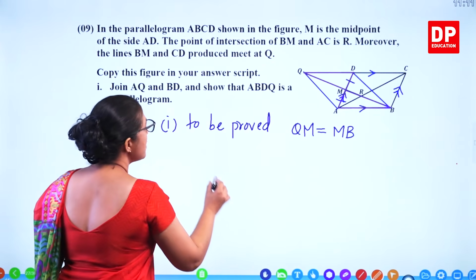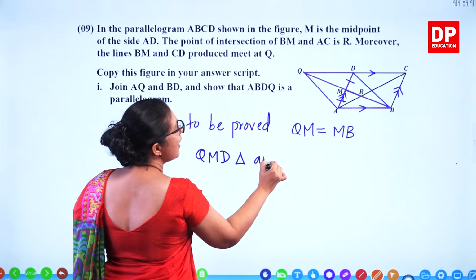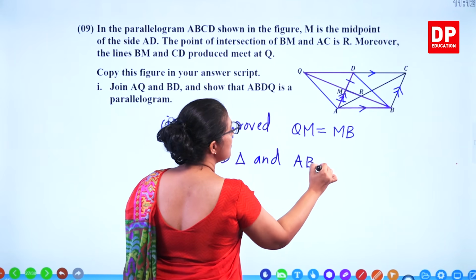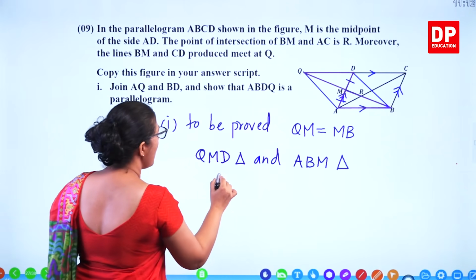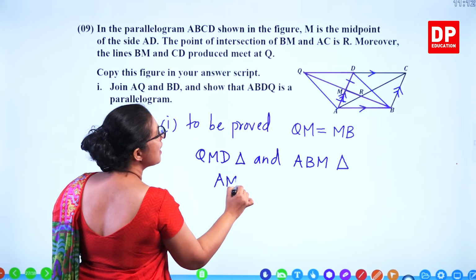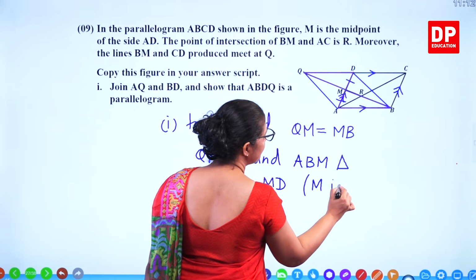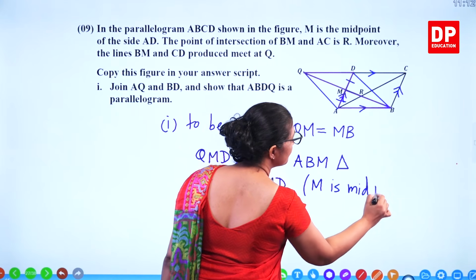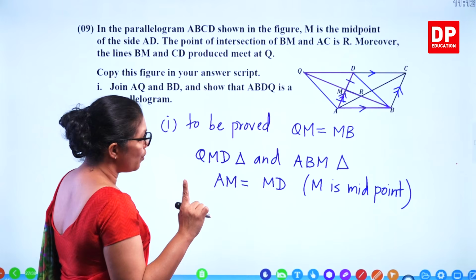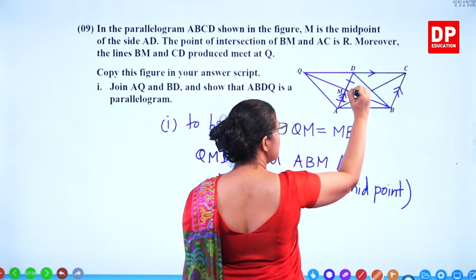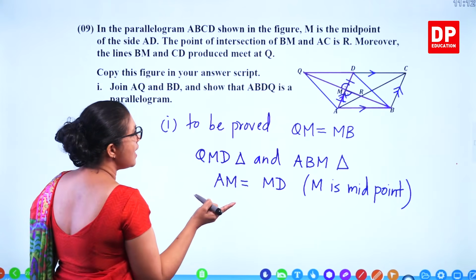So we'll try to take those 2 triangles, QMD triangle and ABM triangle. What you know? We know AM is equal to MD. M is the midpoint. Then we know this angle and this angle both are equal. Opposite angles are equal.